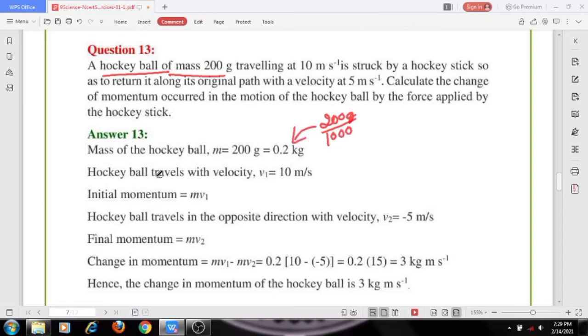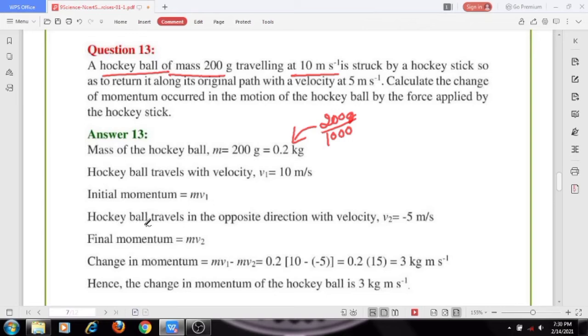Then the hockey ball travels with the velocity v1, how much? 10 meter per second, struck by a hockey stick, so as to return it along its original path with a velocity of 5 meter per second. So initial momentum is equal to m, that is the mass of the hockey ball, times v1, that is the initial velocity of the hockey ball.